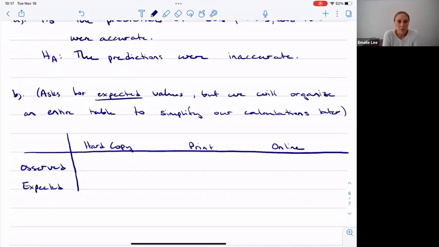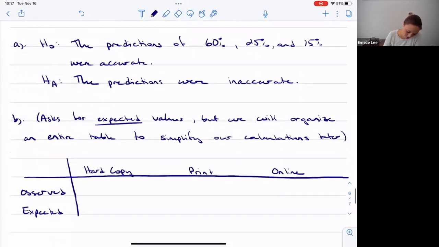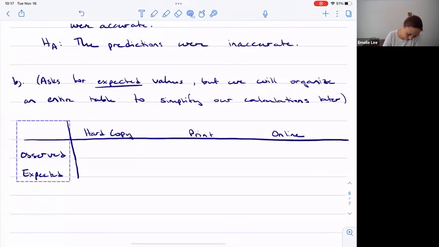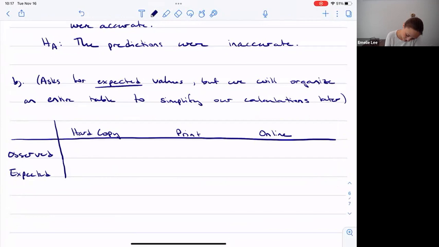So from the question, we know how many bought a hard copy, out of 126, I want to say. Maybe I'll bump this over just a little bit so I can fit a total at the very end. The total for both of these should be 126.